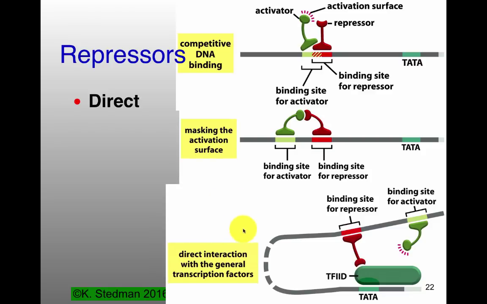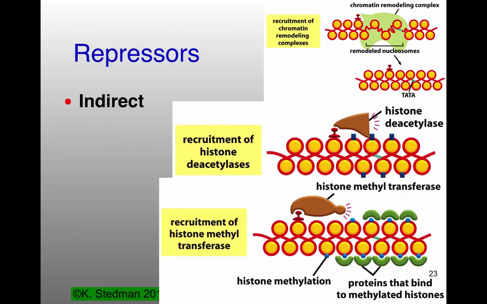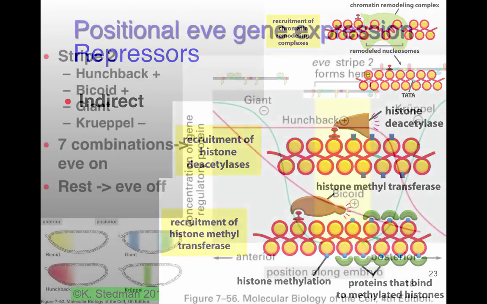Could be interacting because, as we talked about before, many of these activator proteins are sticky in terms of their activation domain, or activation surface as it shows here, but usually this will be a separate domain. This can be blocked in such a way that this activator now can't interact with the polymerase, and sometimes they'll bind directly to proteins which are present there. We already talked about these indirect ones, so I'll skip over that.